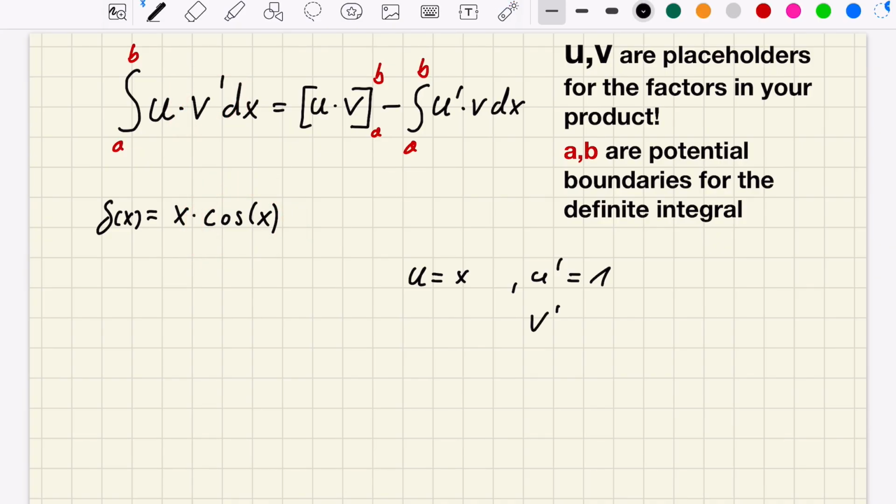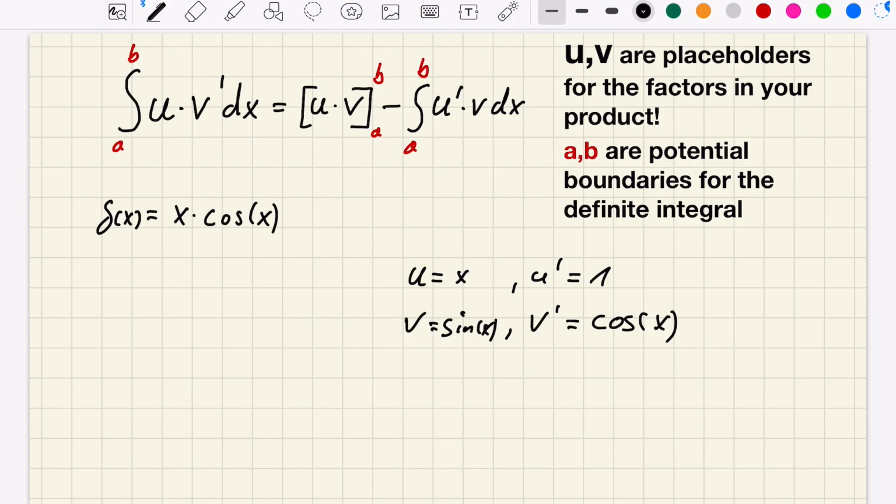So we write V dash is cosine of x. Now you integrate V dash because you need V. And the integral of cosine x is sin x.